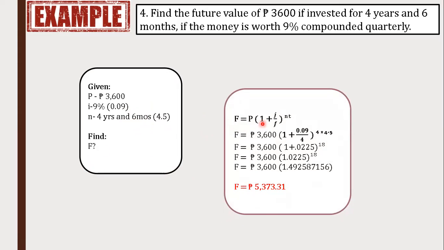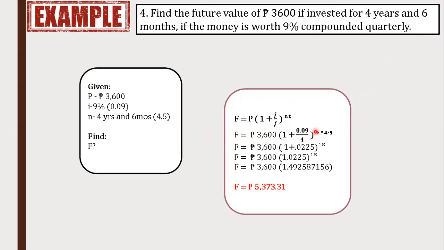Therefore, we follow this formula because our I there should be in compounded quarterly, so it will matter also. Therefore, that's P is 3,600, 1 is constant, J is 0.09 over the frequency 4, because 12 divided by 3, because that's compounded quarterly, 12 divided by 3, that's equal to 4.